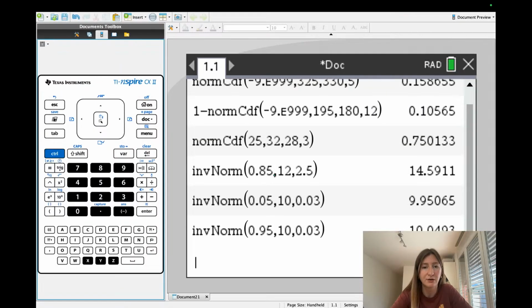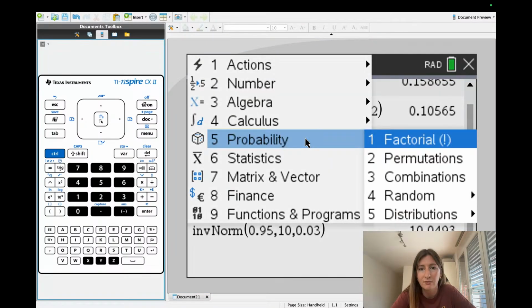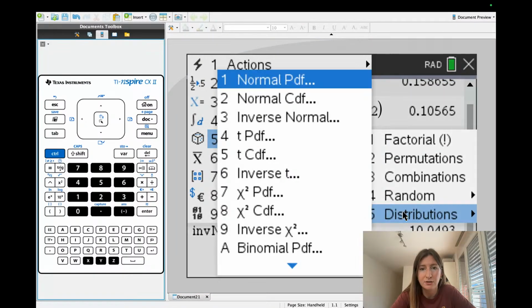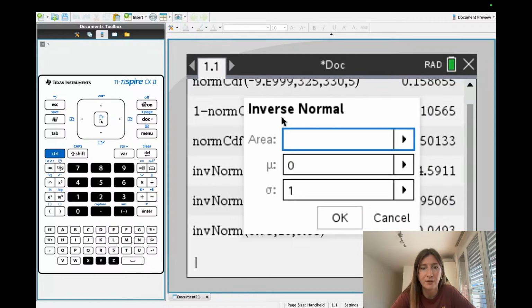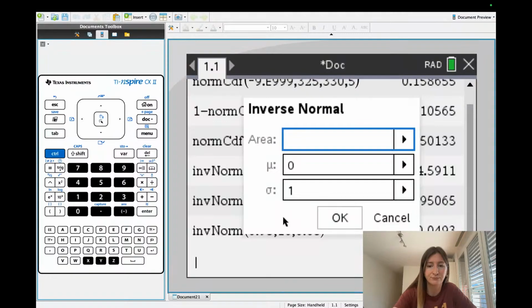So let's go and inverse norm that. Menu, probability, distributions, and inverse norm. Now our area was given as 0.9. And see, the standard 0 and 1 are already there. That's what your calculator always comes up with, or at least this one.